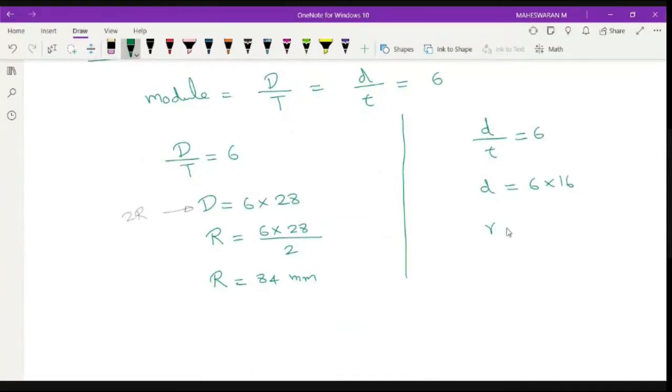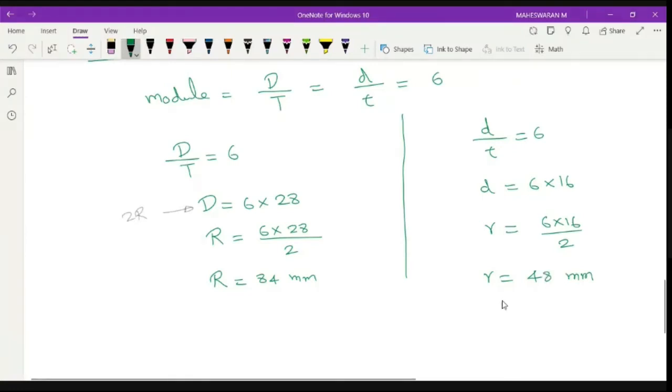So small r will be equal to 6 into 16 divided by 2. So how much? 48. Yes, so 48 mm. Right, we got this too.